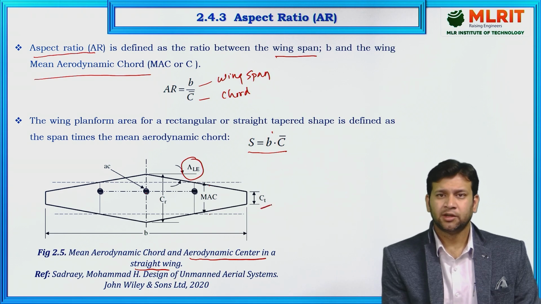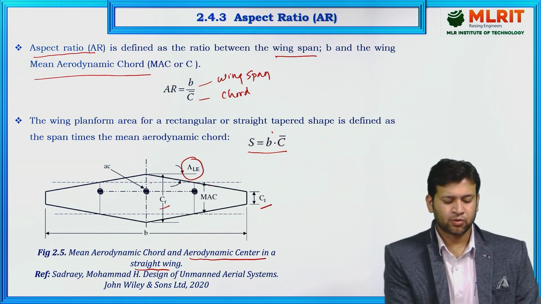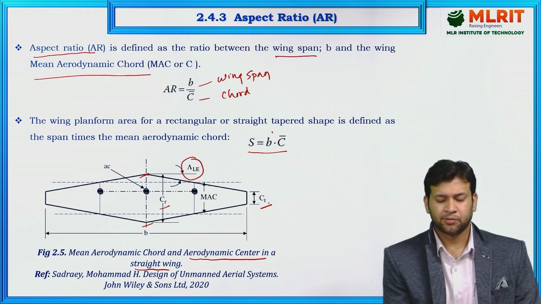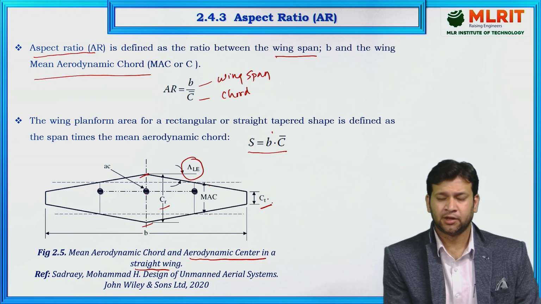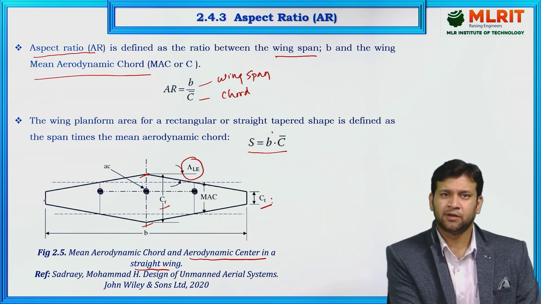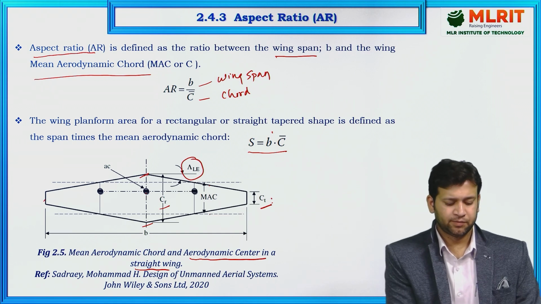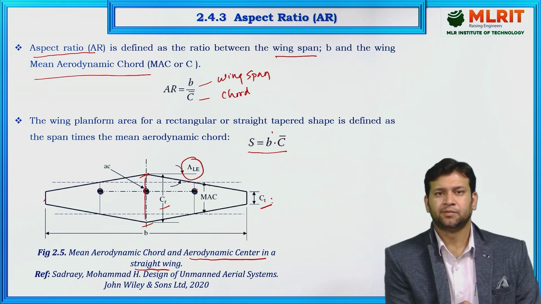This is tip chord. This is root chord. From here to here is root chord. This is tip chord. As it is a plane of symmetry, the same thing will be here. Whatever the length is here, the same length we'll have here, and this will be common for both. Right, this is the aerodynamic center aligned.